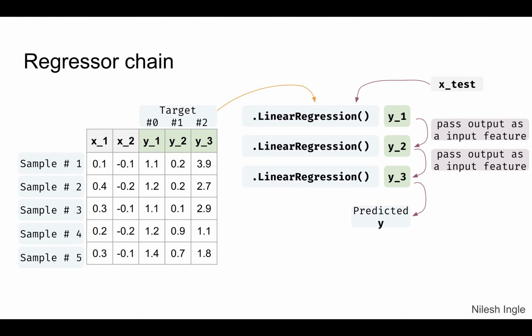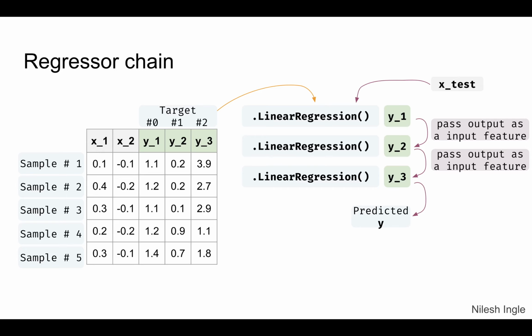Similar to the classifier chain, we have a regressor chain, where we can use something as simple as a linear regression on a multi-output target. Here we have just two features, x1 and x2, but three different targets, y1, y2, and y3. In general, we have used linear regression to predict just one target, and if we were to use the same linear regression to predict more than one target, then the regressor chain could be useful.